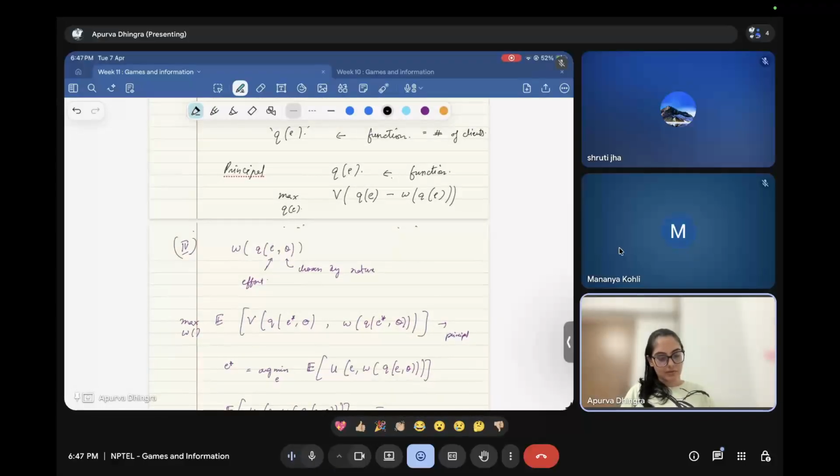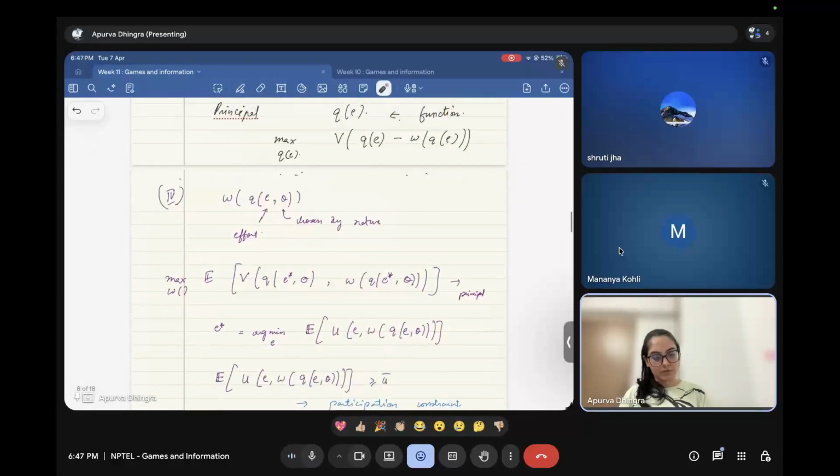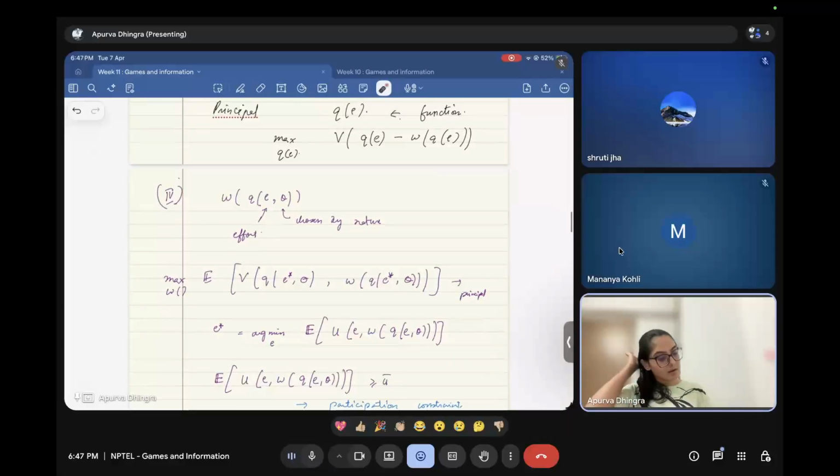Now this fourth one is the most realistic way to think about a wage. It says this function q should definitely depend on the efforts put in by the agent, but at the same time it should be dependent on something random, something that is chosen by nature. Now if nature is coming into play, a lot of different variations are possible.